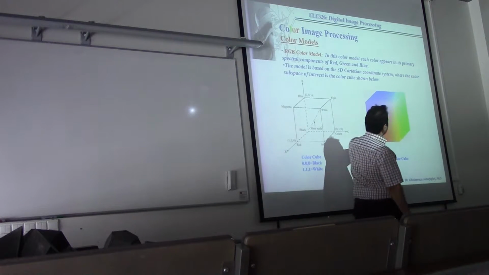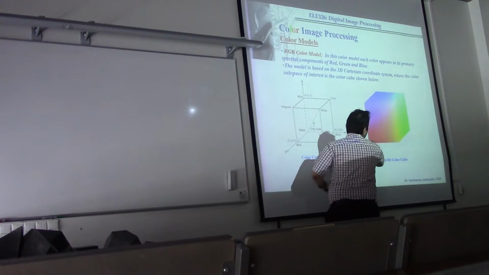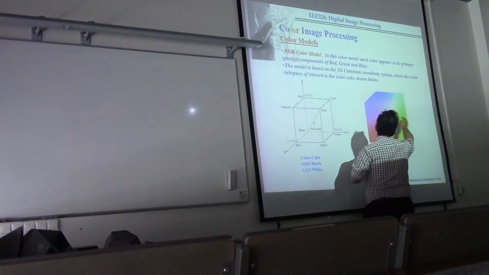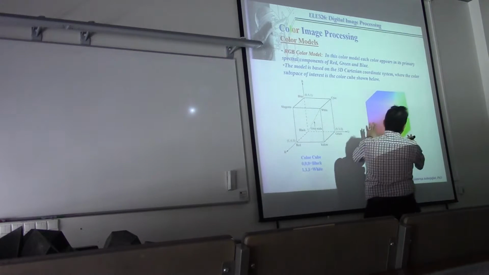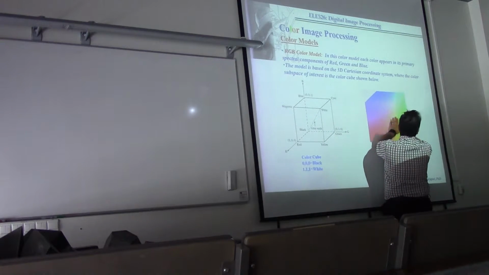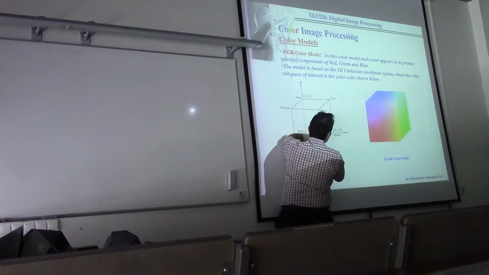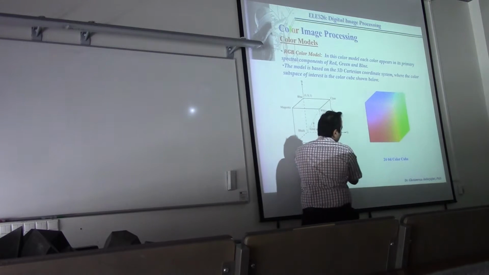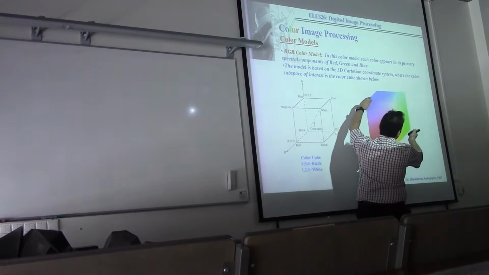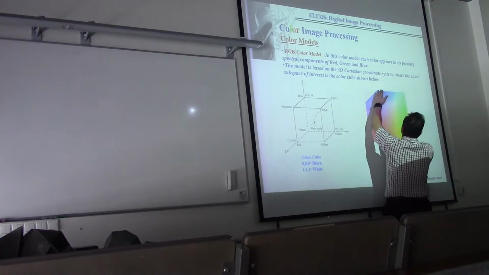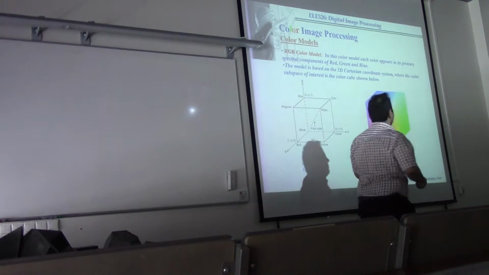And also we know that this axis was red, this axis was green, and this axis was blue. When we go to this part of the cube, we have the color of yellow, same here, and also we have cyan when the green and the blue come together in this part.